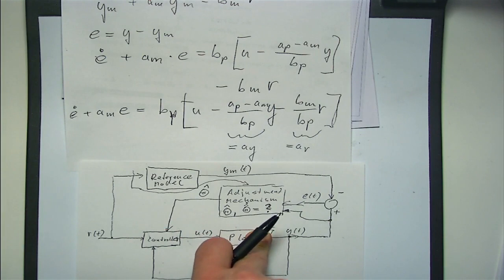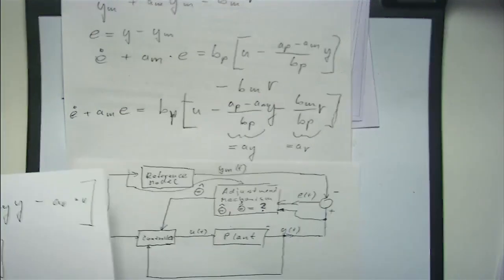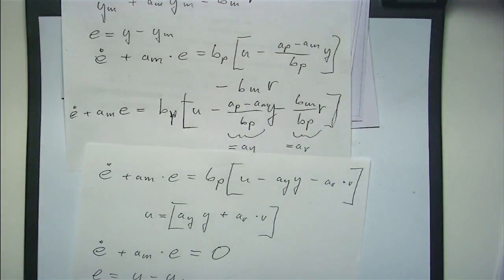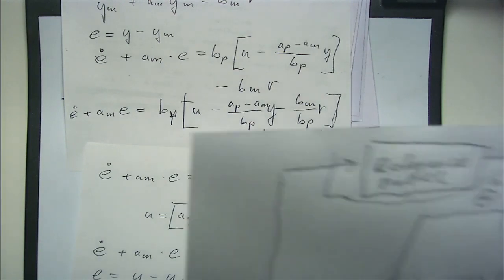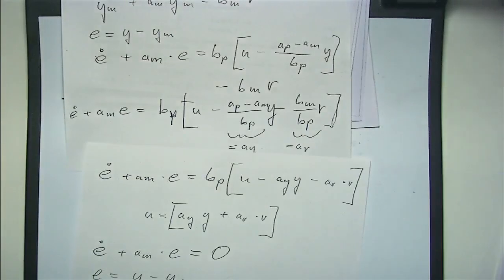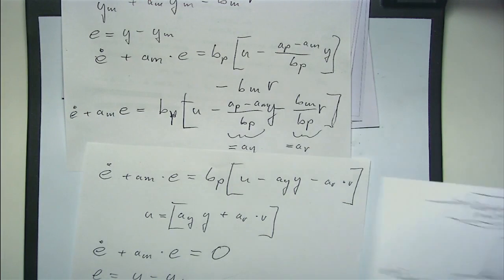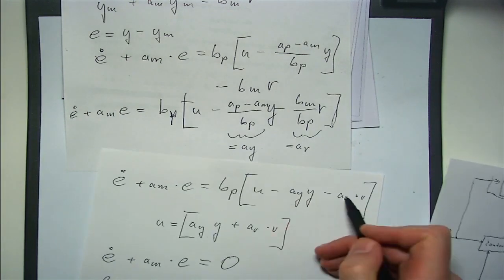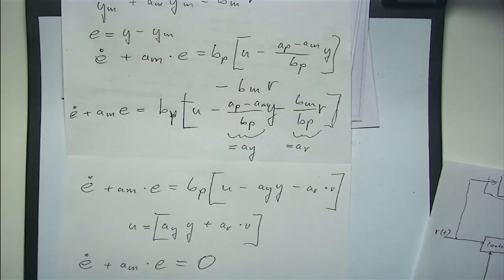All right? But now the question is, what happens if we don't know this? So what if we don't know our plant parameters very well, BP and AP? And that is the kind of question we need to ask ourselves. What if we don't know AY and AR very well? Then we have to use some form of estimate for it.